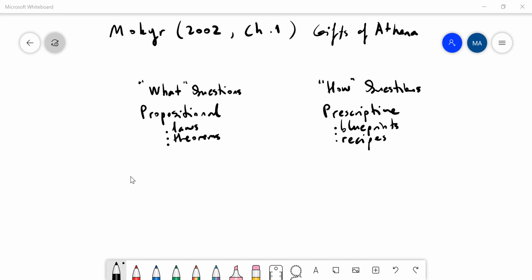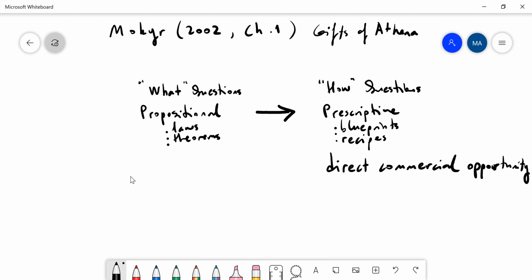So prescriptive forms give us some direct commercial opportunities. And the important thing is this: there is a relationship between what questions and how questions.